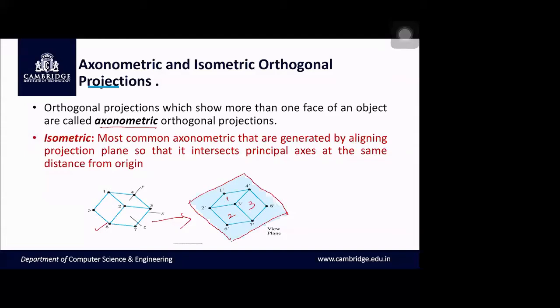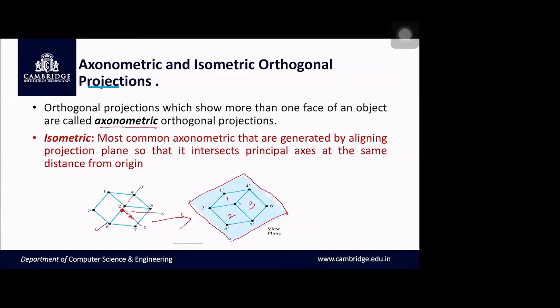Isometric is actually axonometric projection itself. If this is your origin, the distance from the origin to the projection plane, and I am able to see 3 faces.